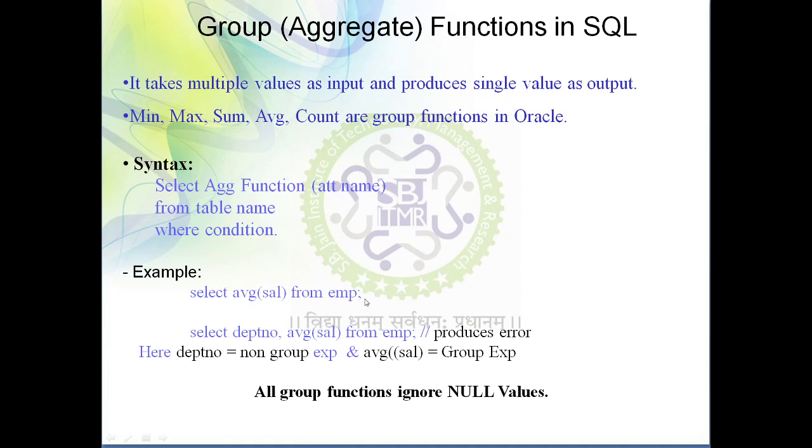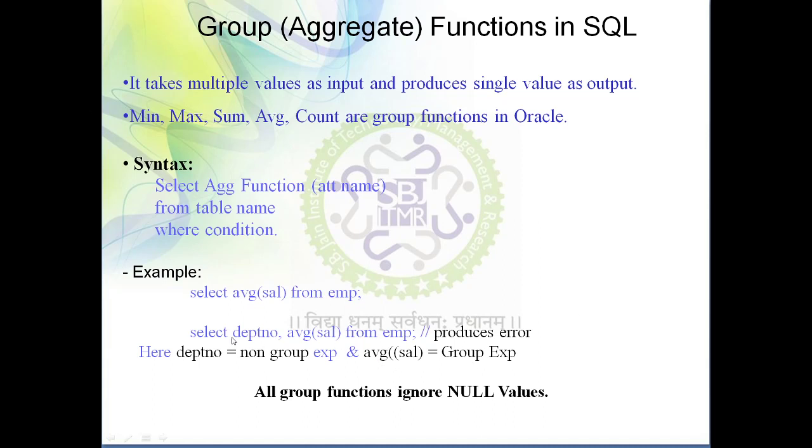I want the average salary of all employees whose city is Nagpur, so I specify where city equals Nagpur. But when your condition consists of an aggregate function itself, the where clause cannot be used. At that time you need to use a having clause. Later on we'll take an example of this also.